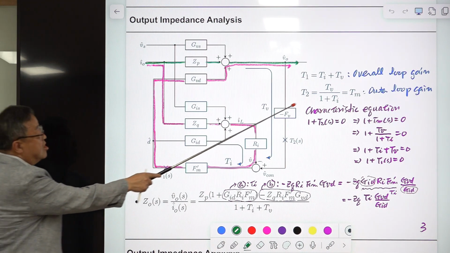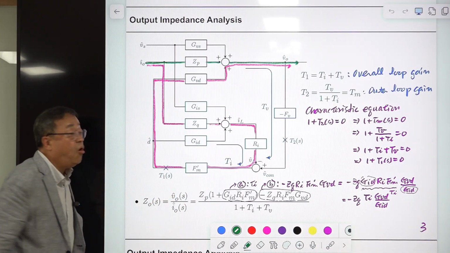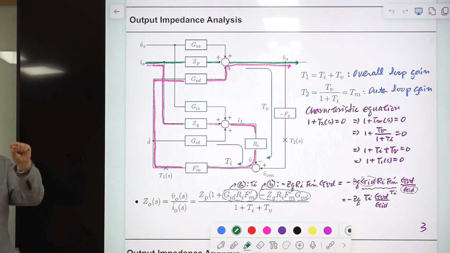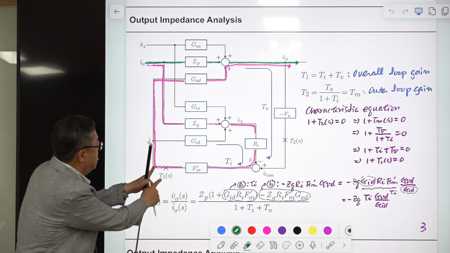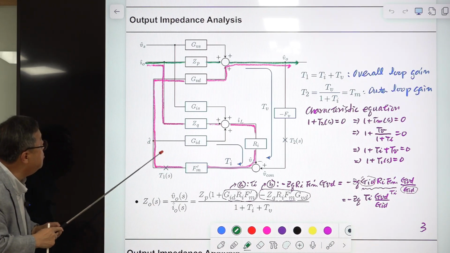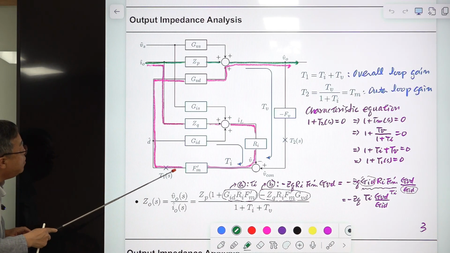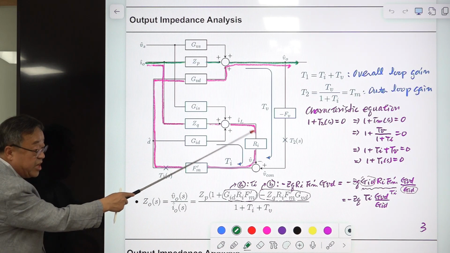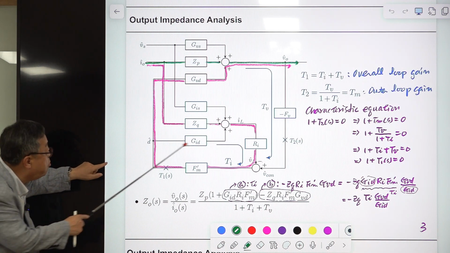Okay. So we are using Tm, but we are using different notation T2 because there is another loop gain defined here. So you inject the signal here, and you are watching this output. Then the input will go through this and come back here. There is another one. It goes here and comes back here. There's only one point for the input injection, but there are two paths.